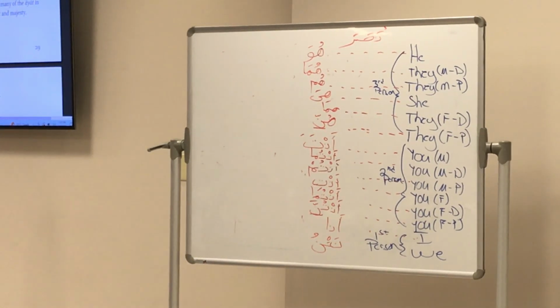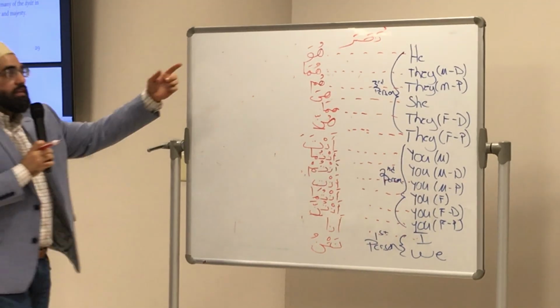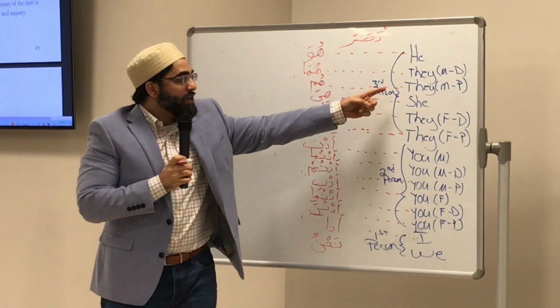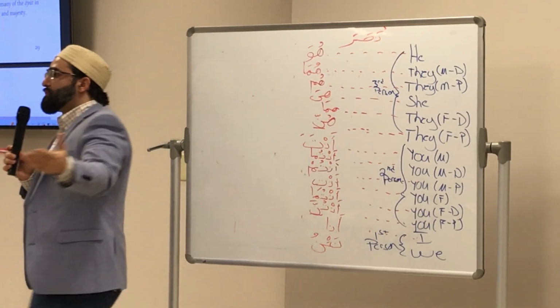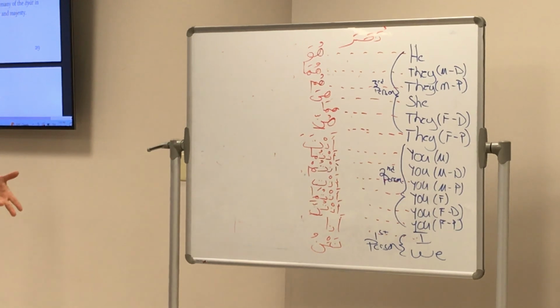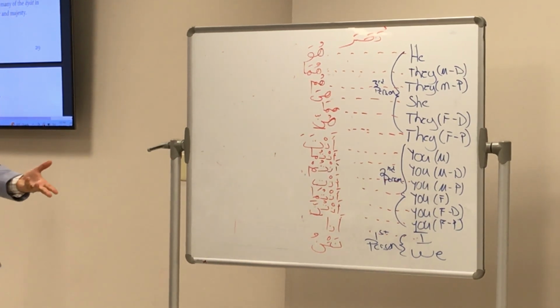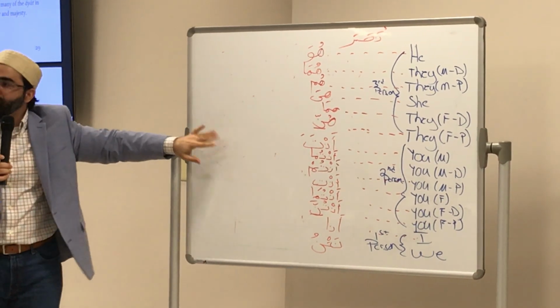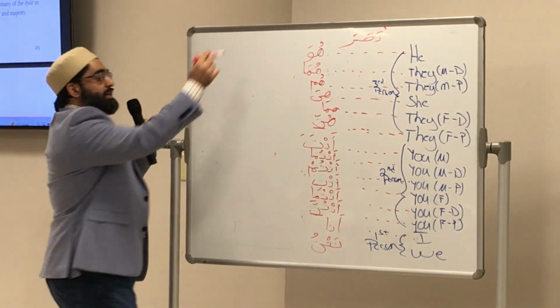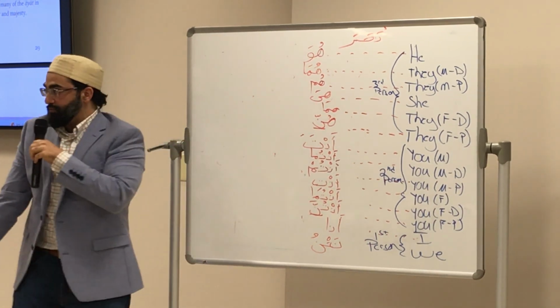Does the verb helped change at all? No. It does not change. If I say he helped, they helped, she helped, you helped, I helped, we helped, the help stays the same. It does not change. Do not try to transfer your understanding of English now to Arabic. Because watch this. The verb changes with pretty much every single one.